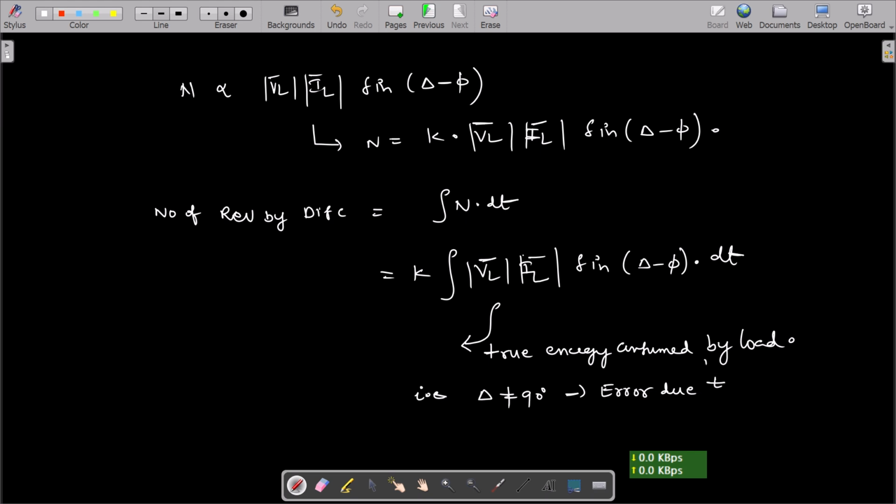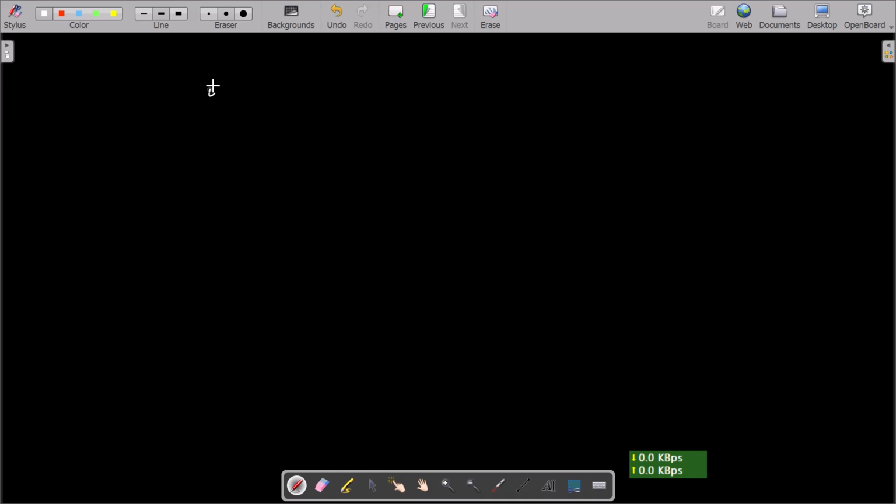This error is due to the pressure coil or shunt coil resistance. If RP is equal to 0, that is, the resistance of the shunt coil is 0, then delta, which is equal to tan inverse of XP divided by RP, will be equal to 90 degrees.